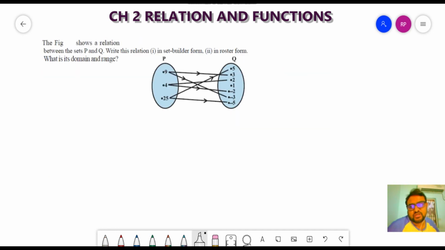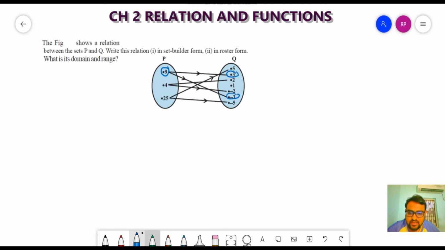The next question: the figure shows a relation between the sets P and Q. Write this relation in set builder form, means property method, and roster form, and what is its domain and range. Okay, so now see here, you can see that set P consists of elements 9, 4 and 25. Now see, 9 is related to plus 3, minus 3.